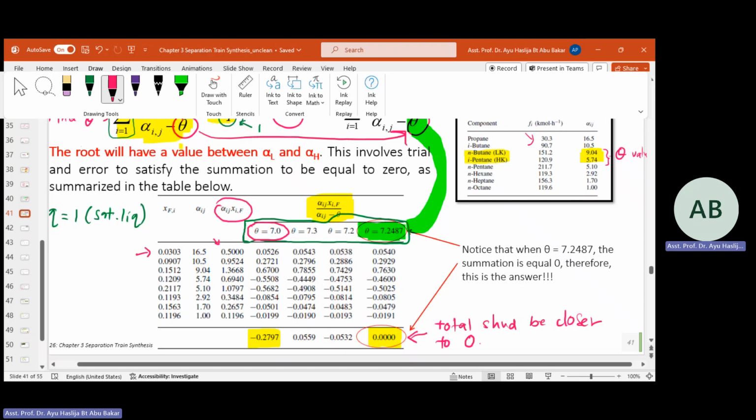Usually it will be given. Okay, relative volatility, most of the time it will be given.